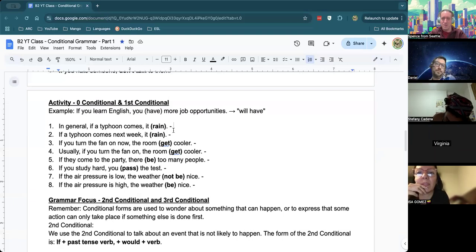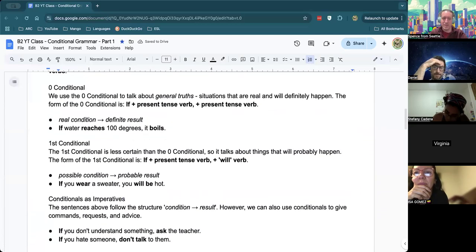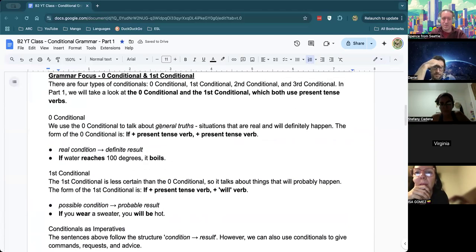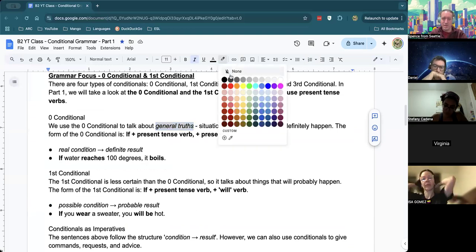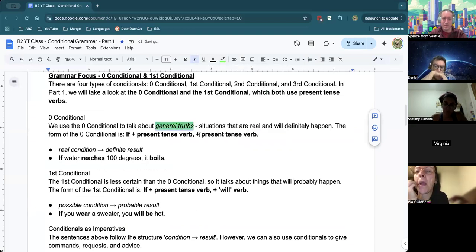Zero conditional. Okay, and so zero conditional, if we come back here, general truths, right? Let me highlight that. That is why you are right.